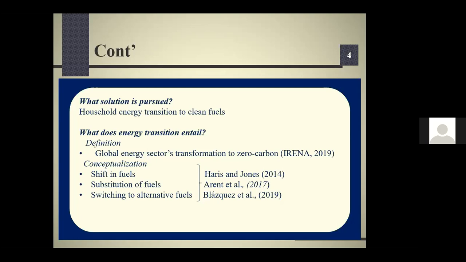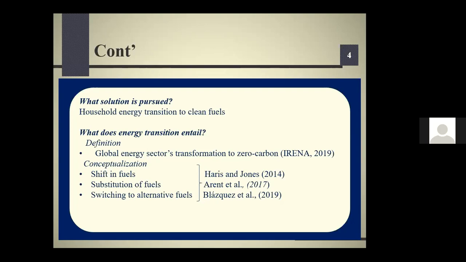And we know that these fuels don't work on their own. They have technologies that they work with. If we are talking about LPG, then we must talk about the technology associated with it, which is the cylinders and so on. So according to Harris and Jones, energy transition is a shift in fuels and associated technologies used to draw energy from that fuel.